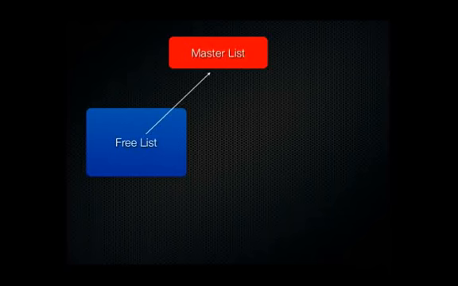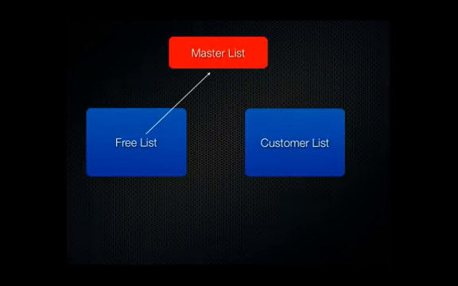Now let's continue on. Let's take it a step further. In addition to a mailing list for all the different freebies that you have, I strongly suggest that you also have a third mailing list for a customer list. These are the people that have purchased, that you know have bought from you.